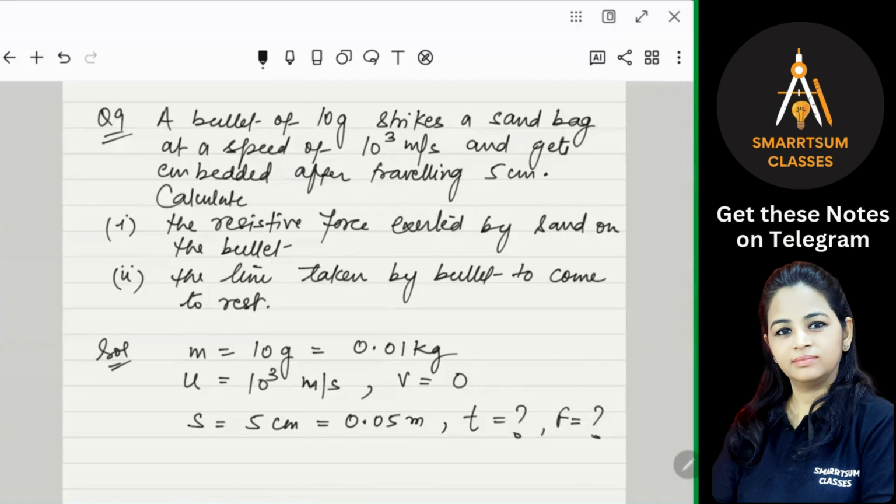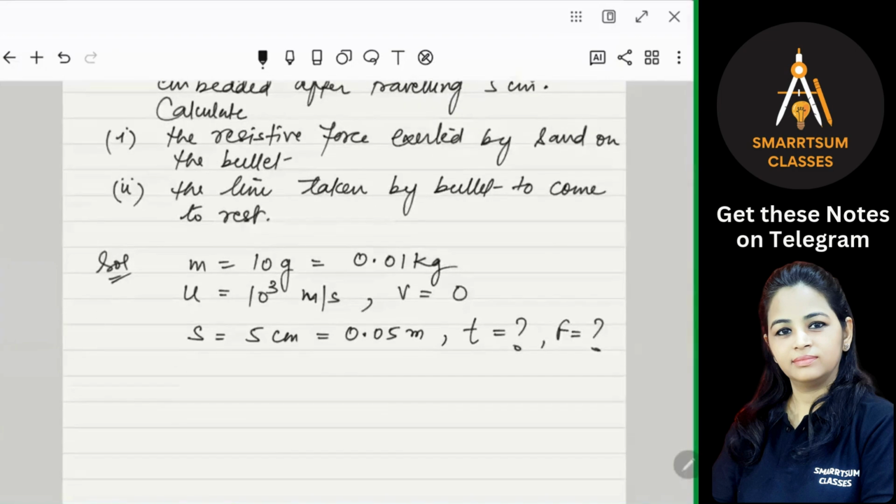To find F, you need to find acceleration also. Now, the first part: resistive force exerted by the sand on the bullet. What we have? s, u, v. This much we have. So we can use the third equation of motion.